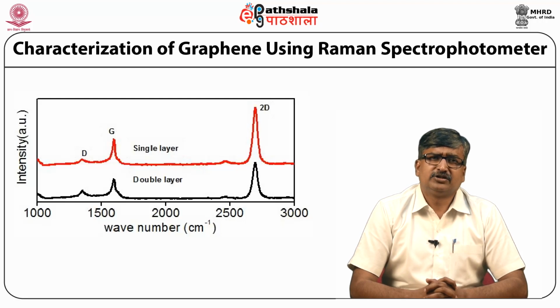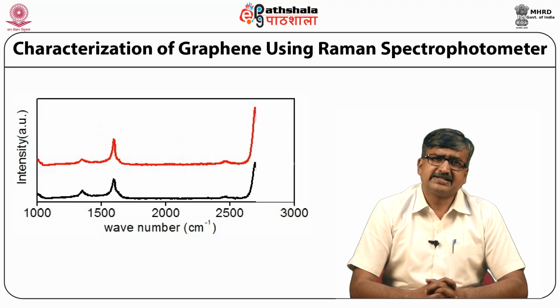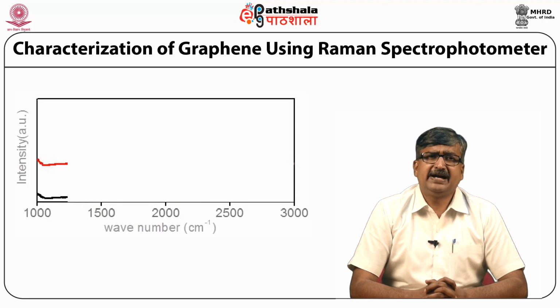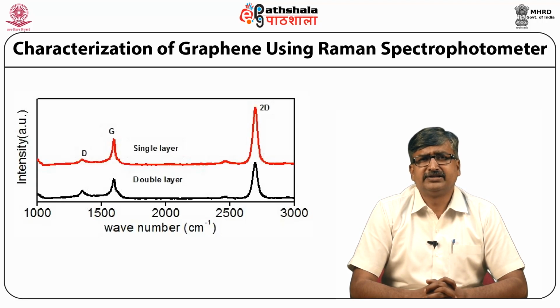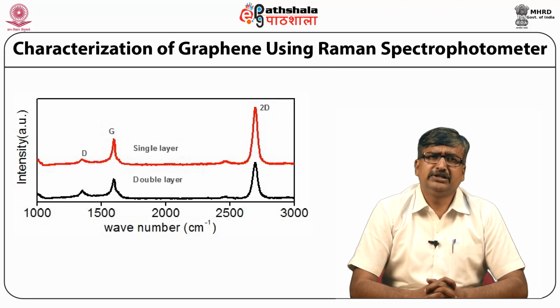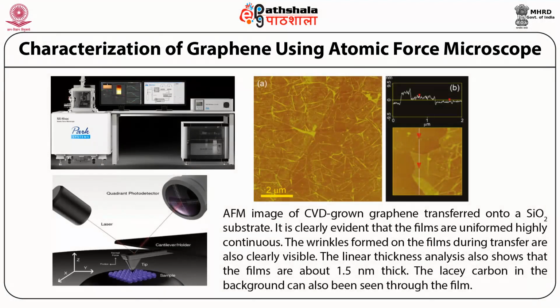As a result, the 2D band is always a strong band in graphene even when there is no D band present, and it does not represent defects. This band is also used to determine graphene layer thickness. In contrast to the G band position method, the 2D band method depends not only on band position but also on band shape.